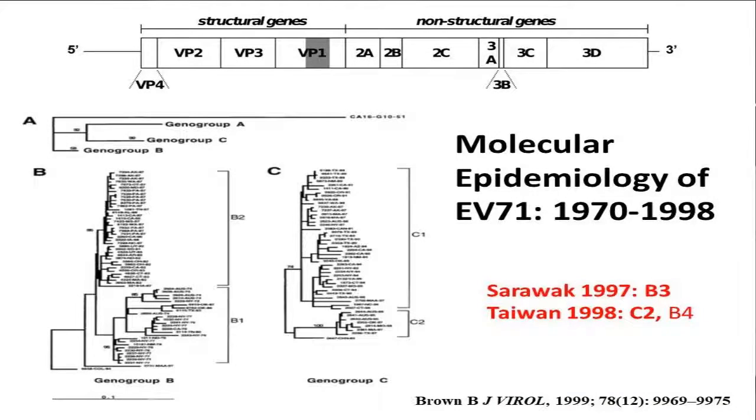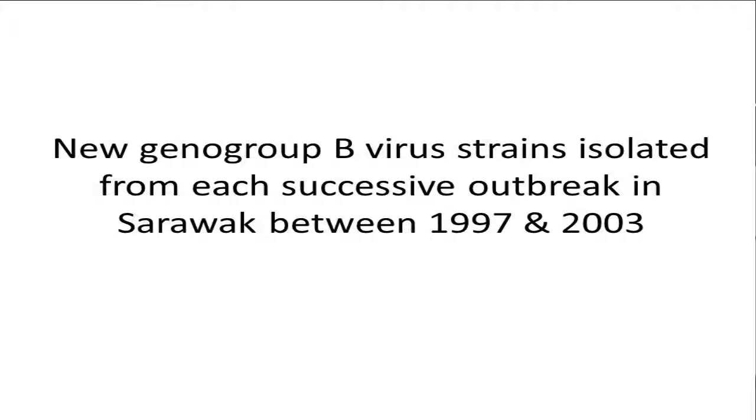Now, molecular taxonomy for EV71 originates from this paper by Brown from the US CDC, in which they proposed 3 genogroups. And since that initial publication, we now know we have 3 subgenotypes of Bs and Cs. And in the Sarawak story, from 1997 to 2003, having 3 outbreaks, we saw a new subgenogroup of the B type in each subsequent outbreak.